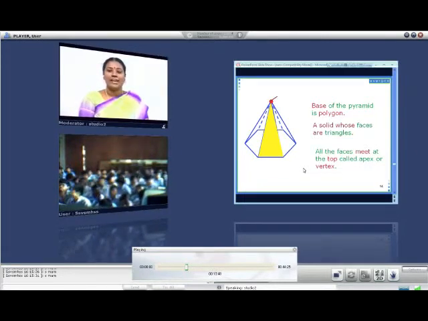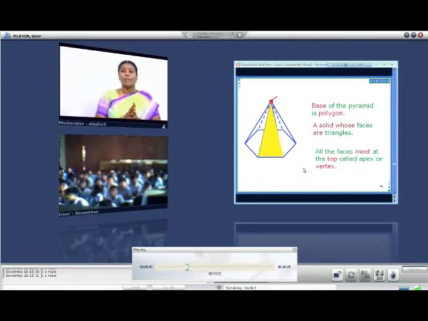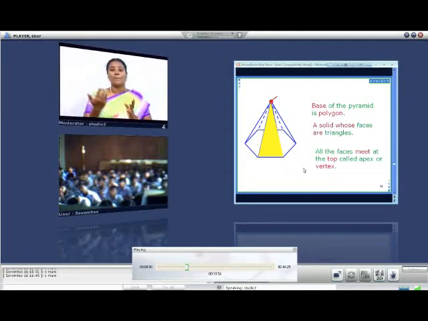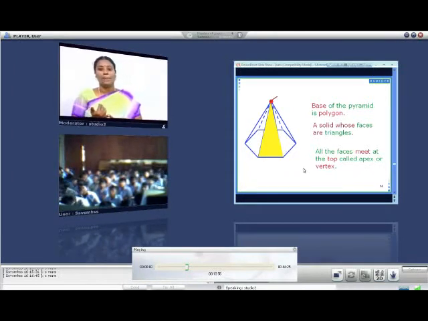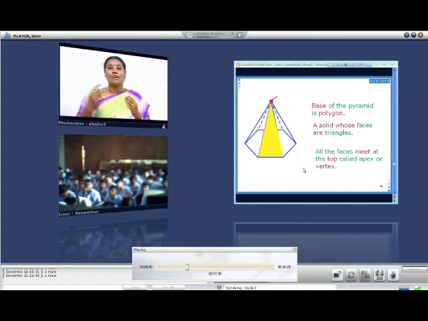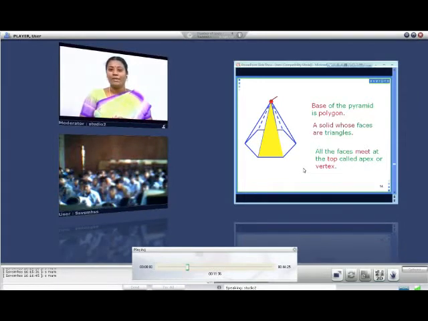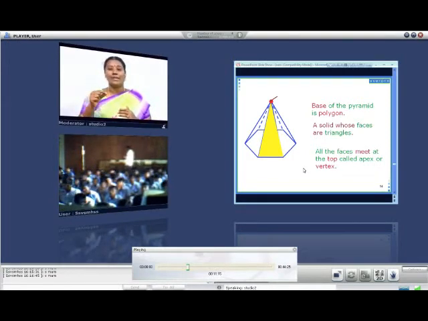Okay, children? Yes, are you clear with this? So you will be having all the sides of the pyramid to be triangle in shape, whatever the base may be. The sides of the pyramid are triangle in shape, and the base will be a polygon, and all the triangular sides will meet at a point, and this point is called the vertex or the apex.